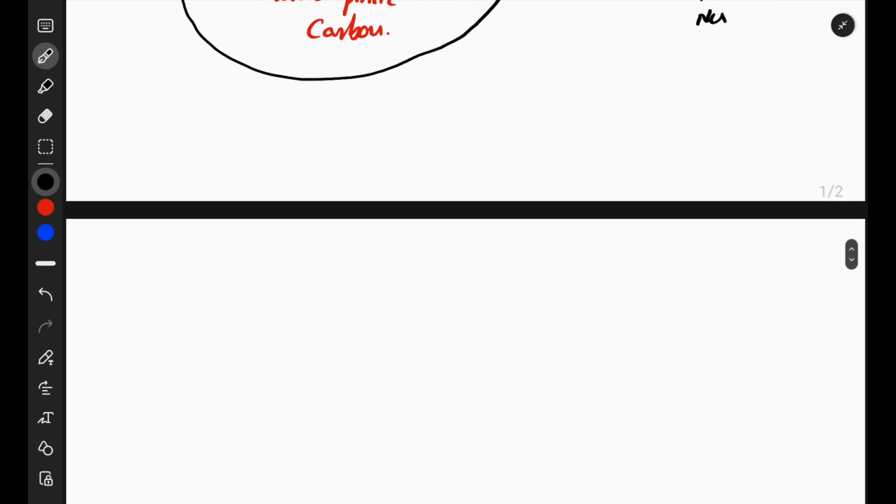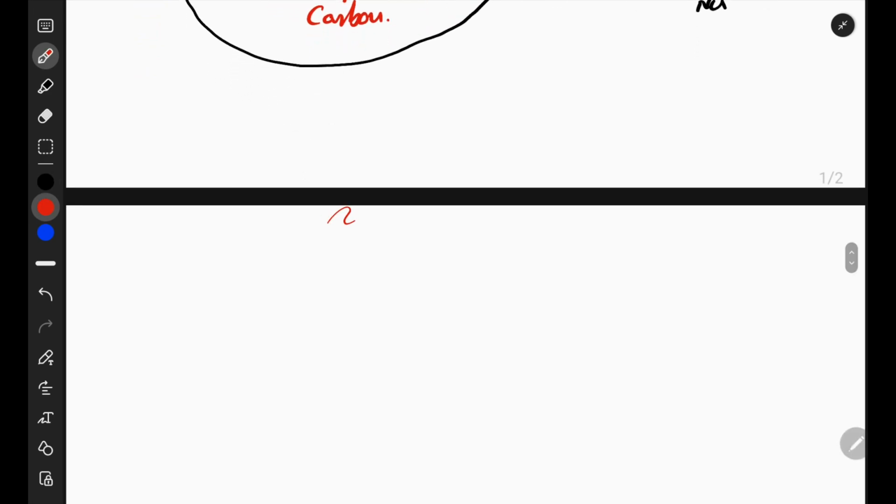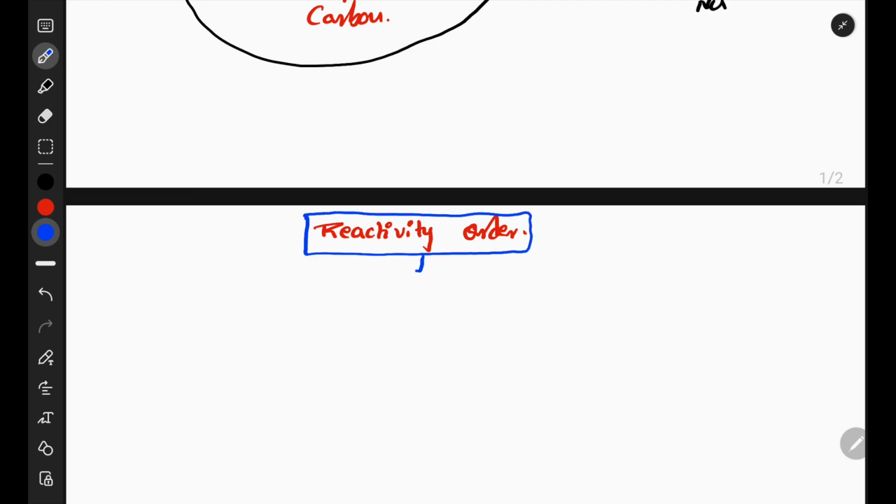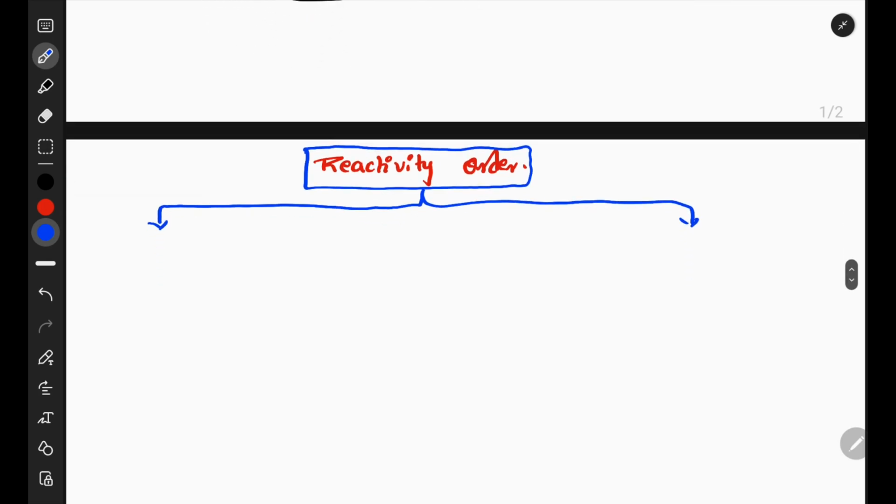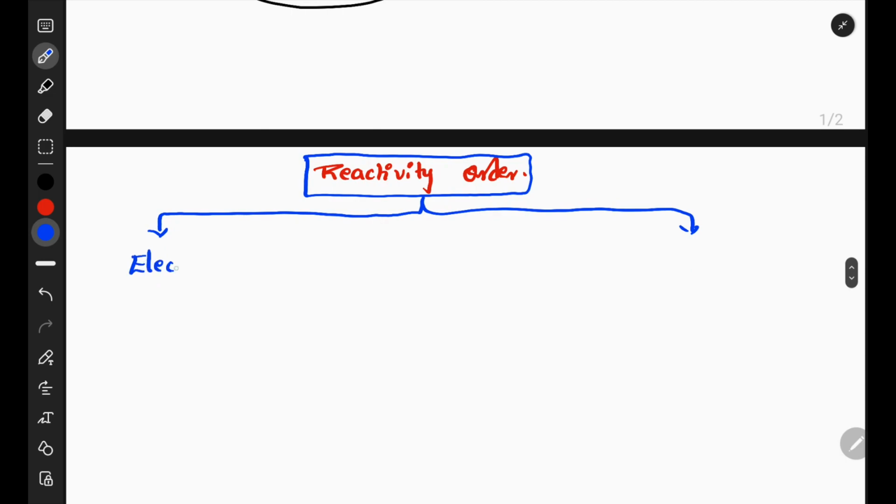Now there are so many aldehydes and ketones, and among them we need to know which is more reactive in nucleophilic addition reactions. That is called the reactivity order. Generally, this reactivity order depends upon two factors: electronic effects and steric effects.